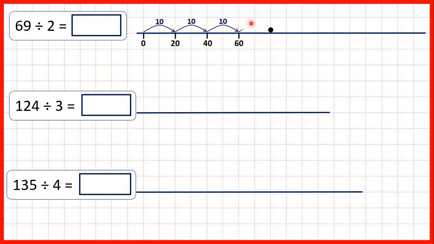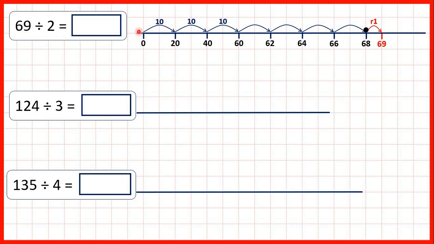So now let's just make jumps of 2. We have 62, 64, 66, 68, and then the next jump of 2 would take us to 70, but that would be too many. So from 68, we need one more, not one more jump of 2, but just another 1 to take us to 69, so to take us to our dividend.